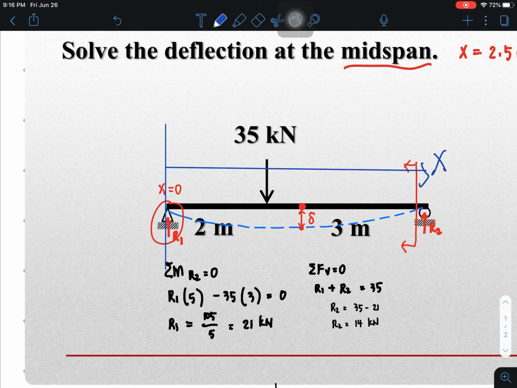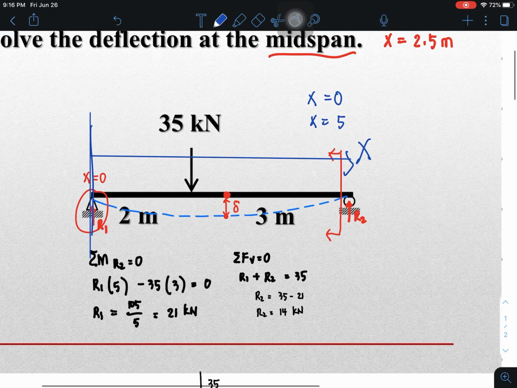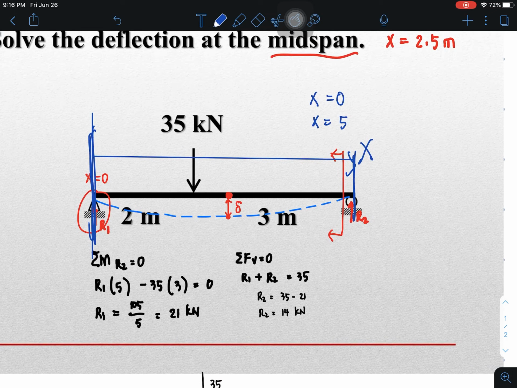So it describes the function of x, meaning x starts at 0 and x ends at 5, which is the length of our beam. I hope that is clarified.